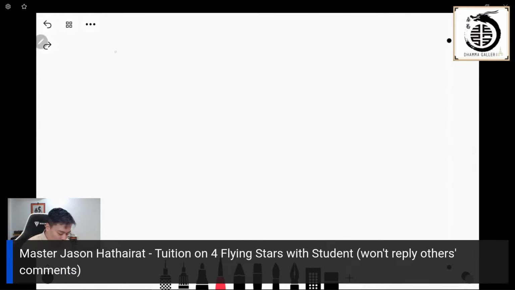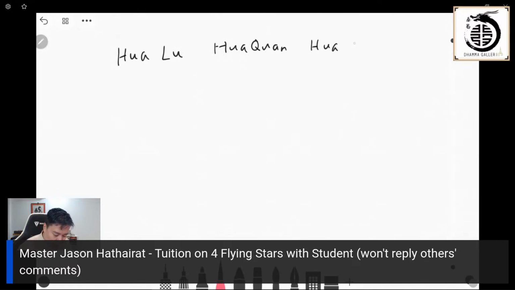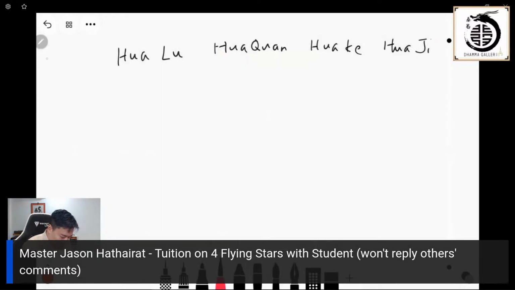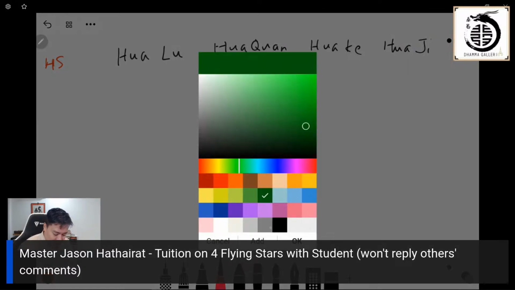We have 化禄, we have 化权, we have 化科, and we have 化忌, and we have the heavenly stems. We'll just write HS, because I have no space. And heavenly stems, there are 10 of them.